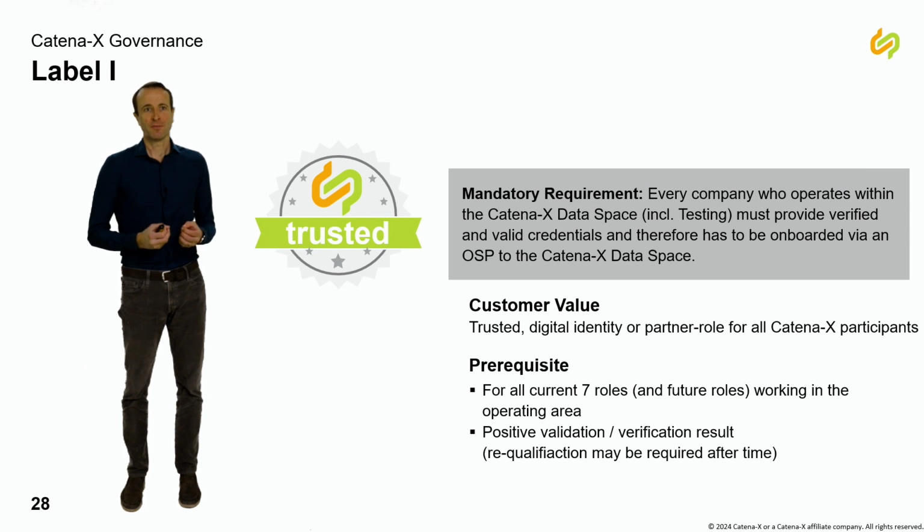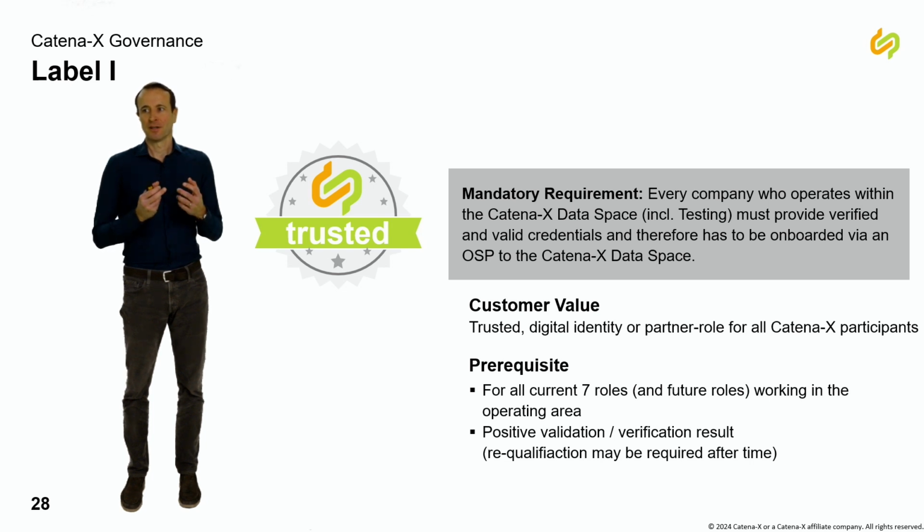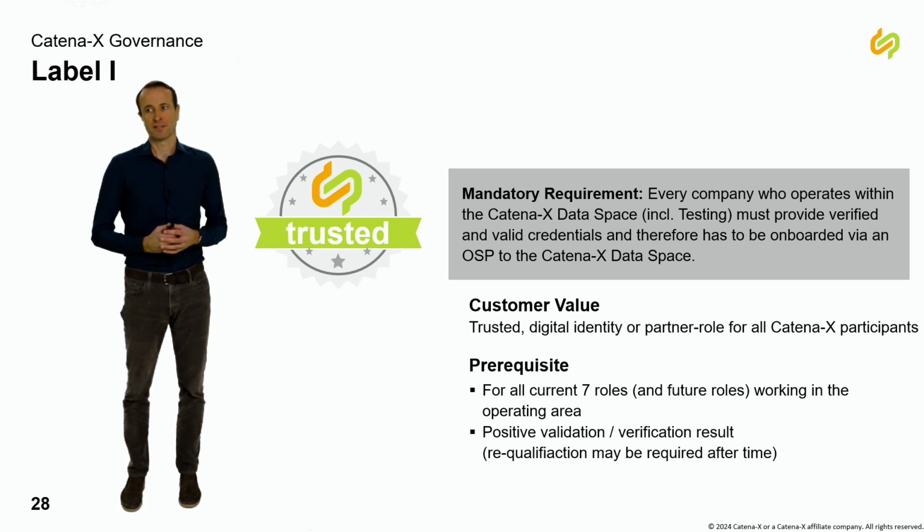It's mandatory for all partners that work and operate within the data space to have a data space trust seal. That means you provide a verified and valid credential to identify you as an individual company. Everybody needs that. Every role, we will get to that in a second.